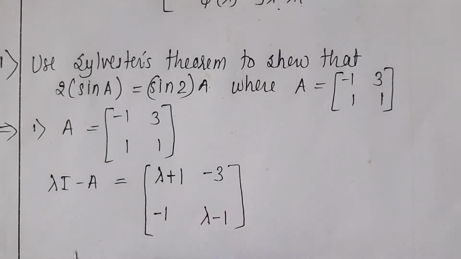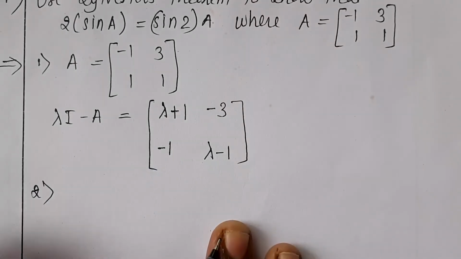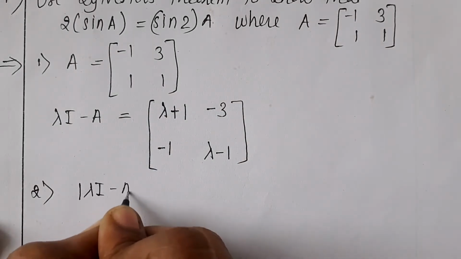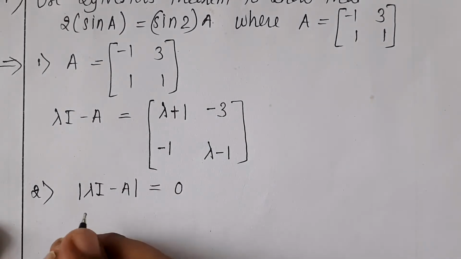Then the second step is the determinant of lambda I minus A, not A minus lambda I, equal to 0. The equation remains the same as we have studied.